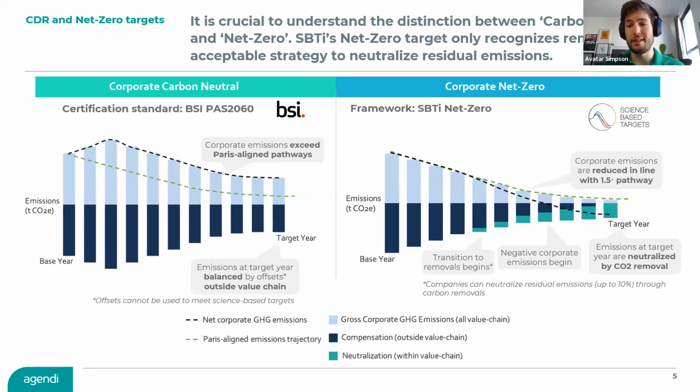And the second main difference is that the SBTi's net zero framework specifies that only carbon removal credits will count towards a net zero claim, whereas for carbon neutral, both avoidance and removal credits can be acceptable. The SBTi also only allows up to 10% of your emissions in your target year to be covered by removals, which means 90% of your emissions internally have to be reduced in order to achieve any net zero target, separate from the 10% covered by carbon removal credits.